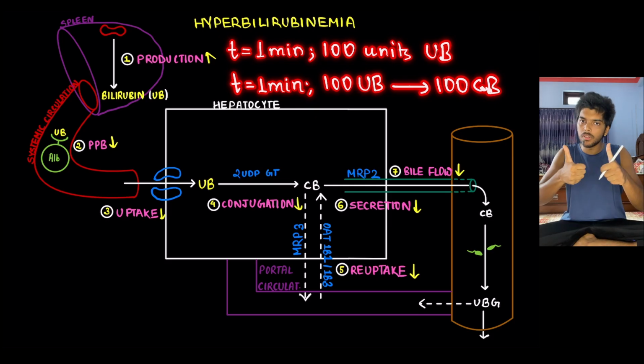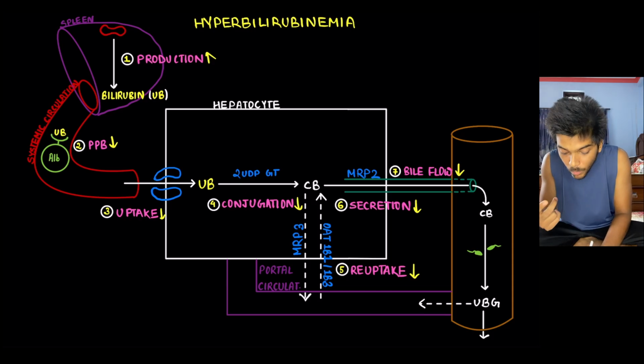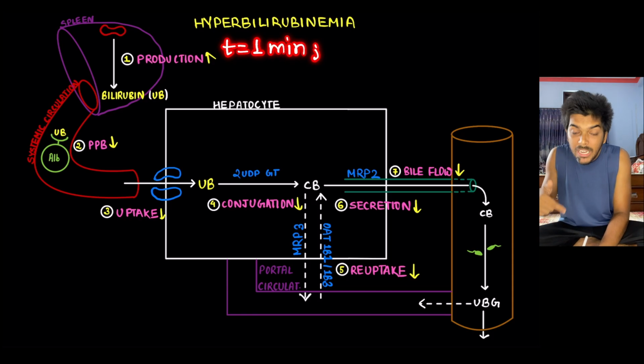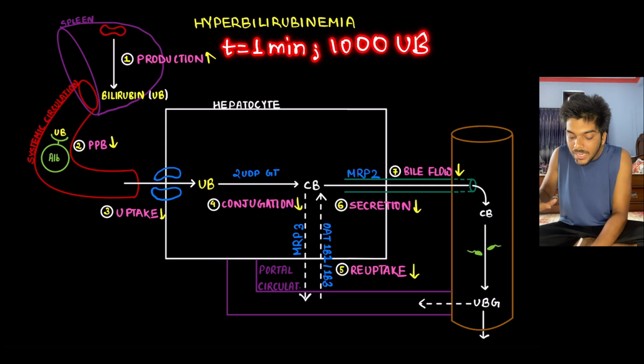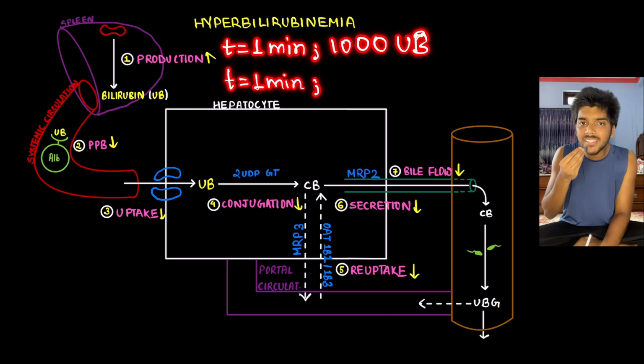So is there any extra bilirubin left? No, it's not. Good. But let's say due to any pathological reason, now in the same time t equals 1 minute, instead of 100, 1000 unconjugated bilirubin gets produced in the spleen. But in the same time t equals 1 minute, the capacity of the liver is still the same.